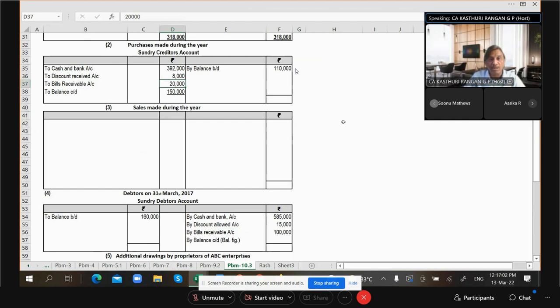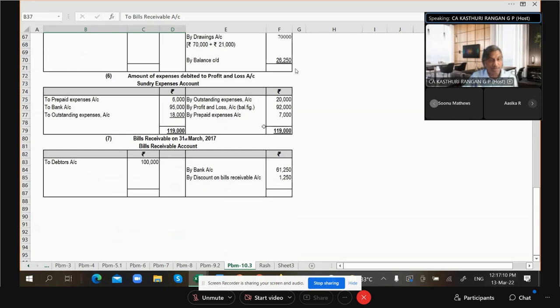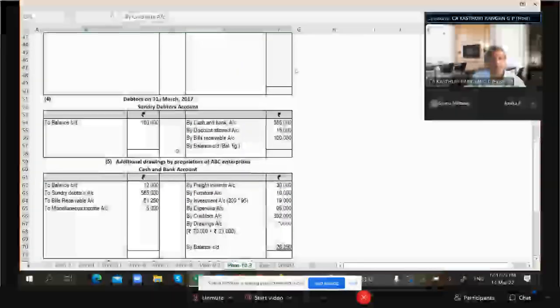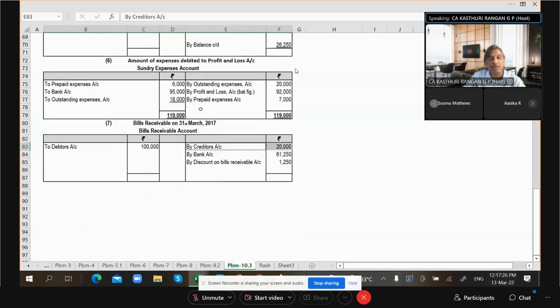So in the bill receivable account, you put by creditors. Debit creditor, credit bill receivable, double effect.